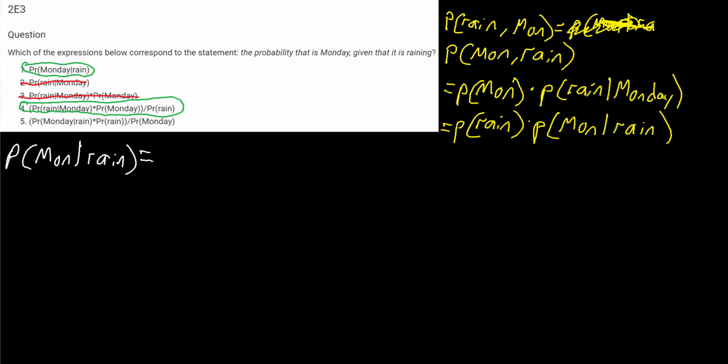We've already established that one of the correct answers is the probability of it being Monday, given that it is raining. And now I've also said that number 4 here is a correct answer, and this is just a statement of Bayes' theorem.